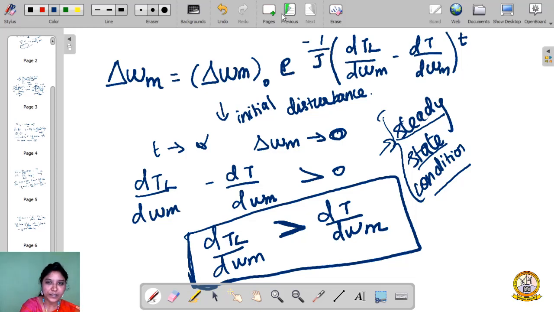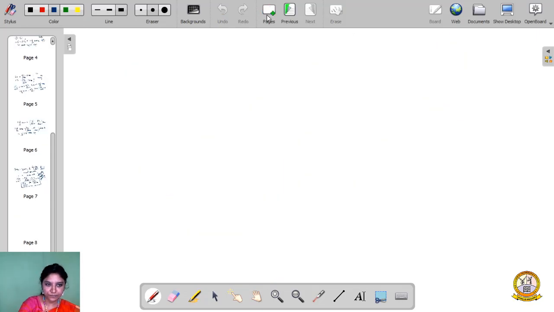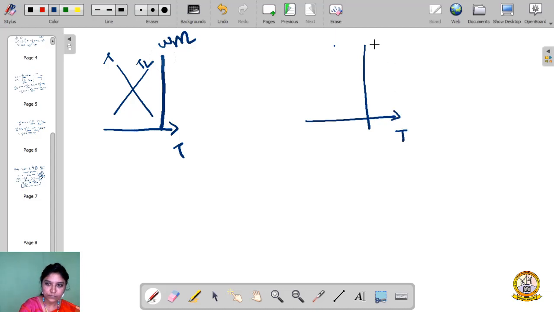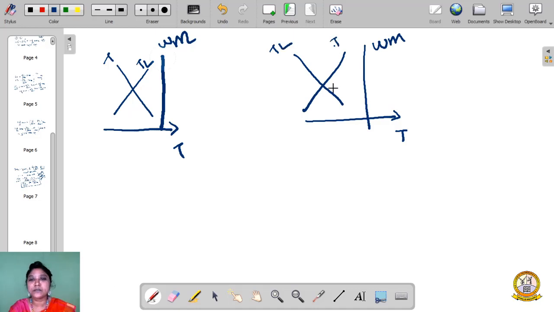Similarly, if we see some more examples to check this.